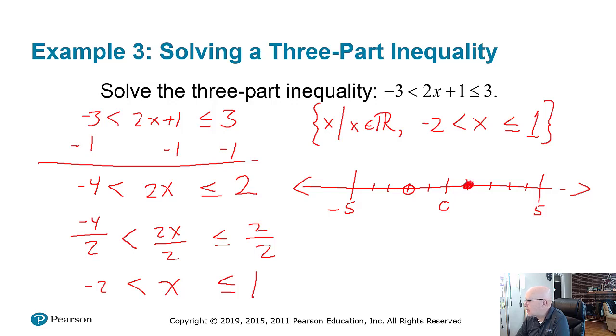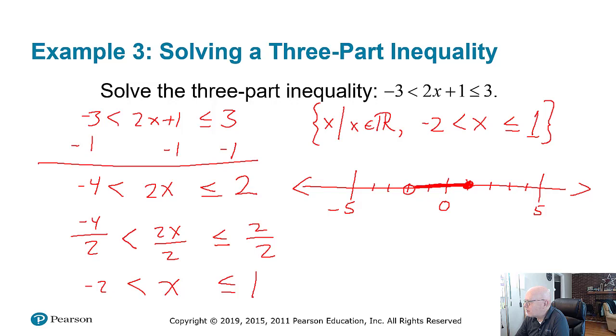And the simple thing is, you can test a number on this side, a number in the middle, a number on this side. What you'll find out though is, it's the numbers in between them. Test it just to be sure. How about the 0? Is -2 less than 0? Yep.